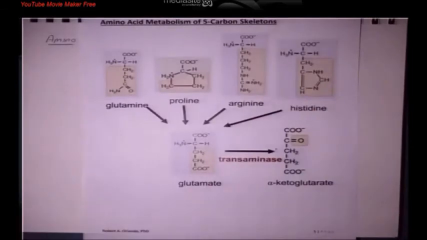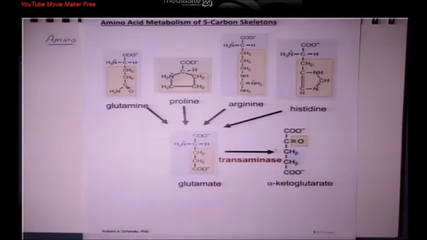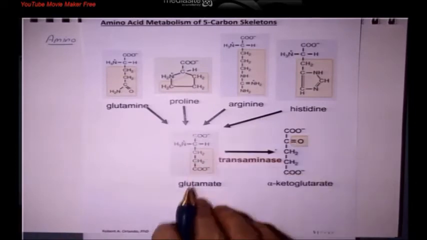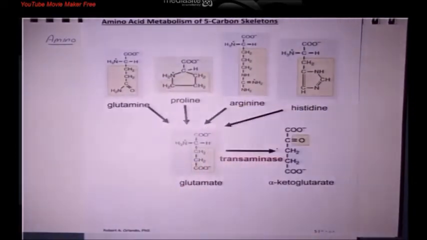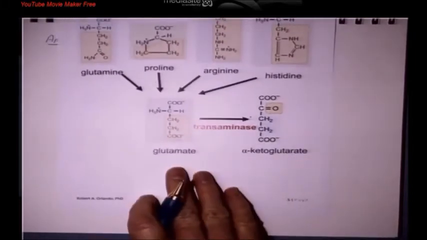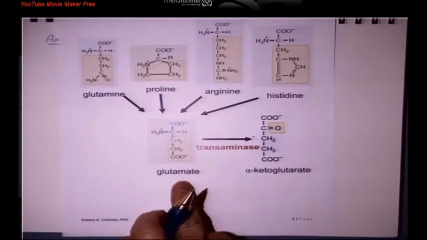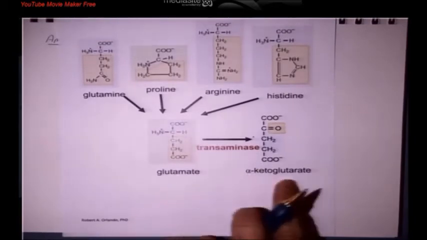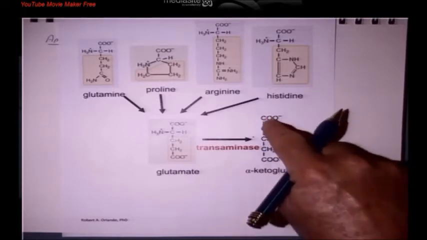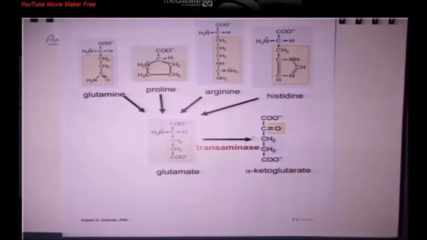So let's beat this dead horse and take it even further. 5-carbon backbone amino acids: glutamine, glutamate, proline, arginine, and histidine. All 5-carbon backbones. And of course, glutamate is the single transamination reaction to give alpha-ketoglutarate, a 5-carbon backbone.